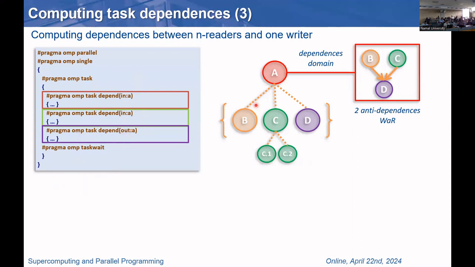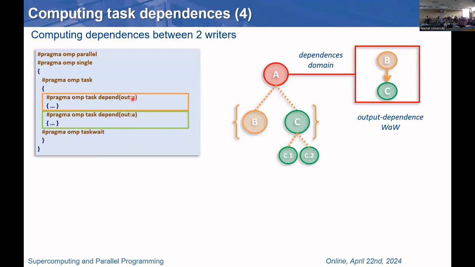In this case, the task graph is the same, but the relationship now is that B and C generate this in-out dependence to D. And those are two anti-dependencies. This is also a concept coming from computer architecture. In the processors, between the instructions, you may have these anti-dependencies, where it's write after read. You are writing after reading.